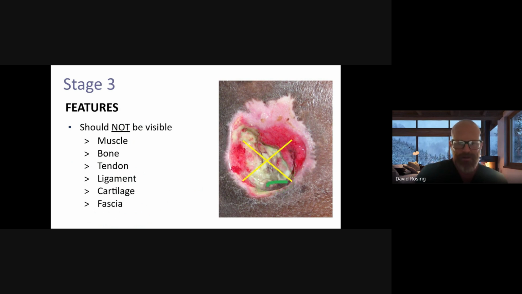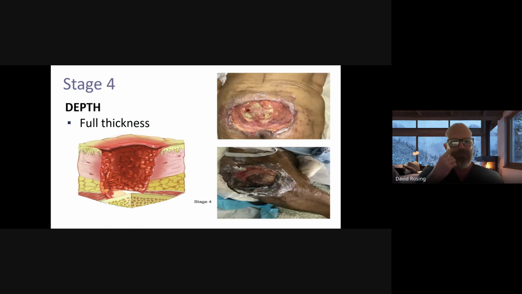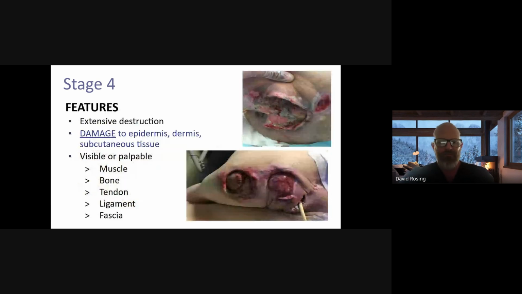And then under here, you can probably see that there's a little undermining or tunneling going on there. So if you see any of these things, then that's going to be a stage 4. So full thickness through the skin, through the subcutaneous tissue, down into muscle and/or bone. So that's the definition of a stage 4.